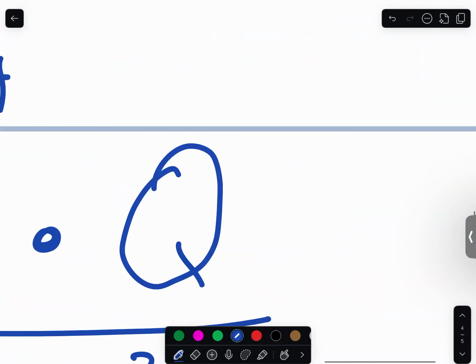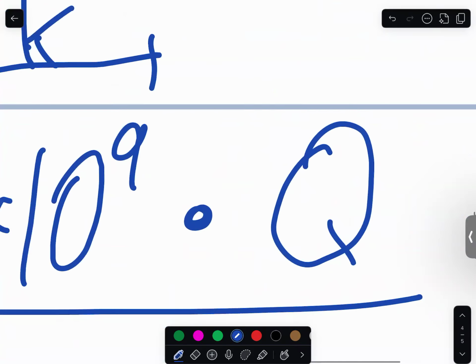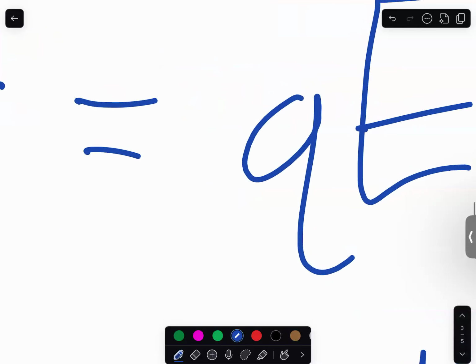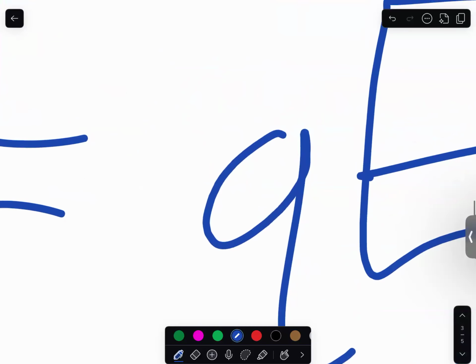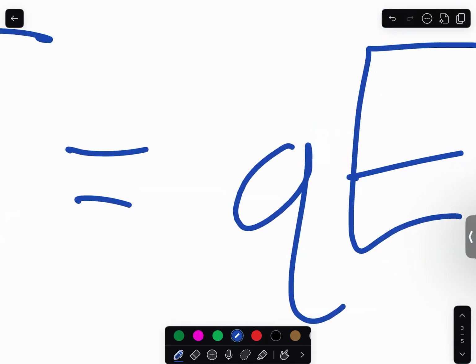I will call this, always and forever, source charge. It is the source of the electric field. It is the thing causing the electric field, the source of our electrical effect. I will call this thing, the thing that we could use to test how much electric field we have, the test charge. Lowercase q, test charge, uppercase Q, source charge.